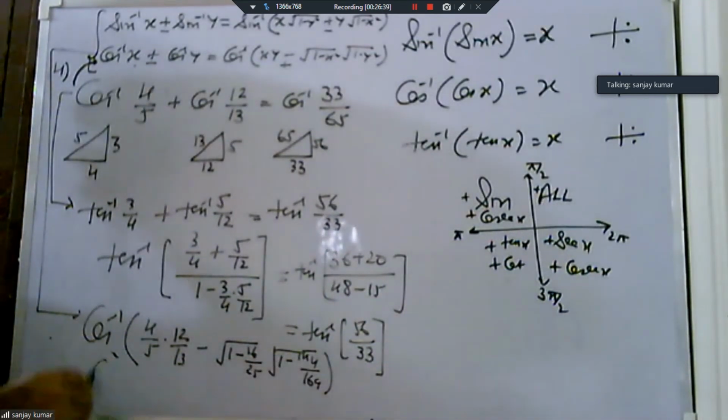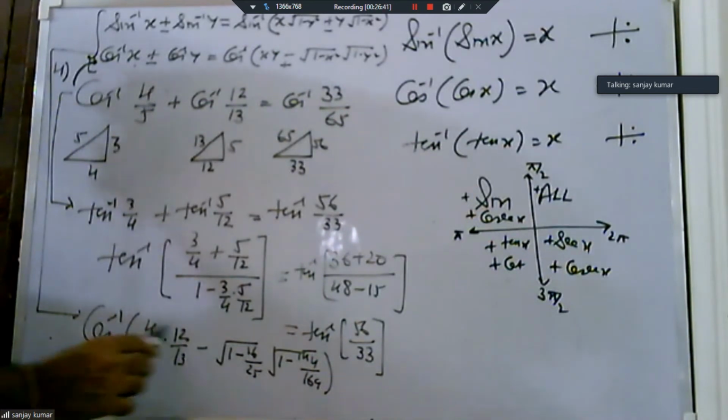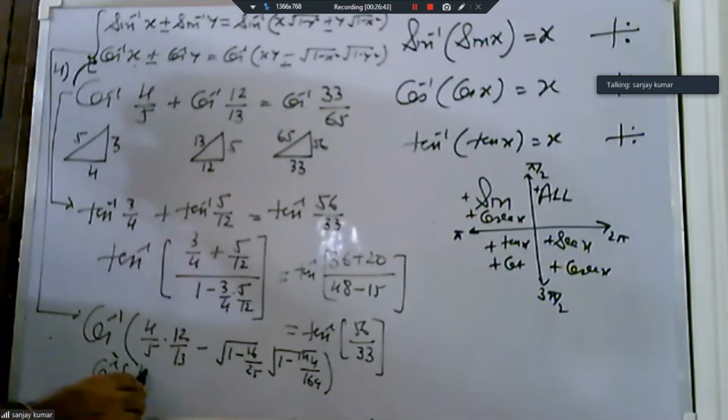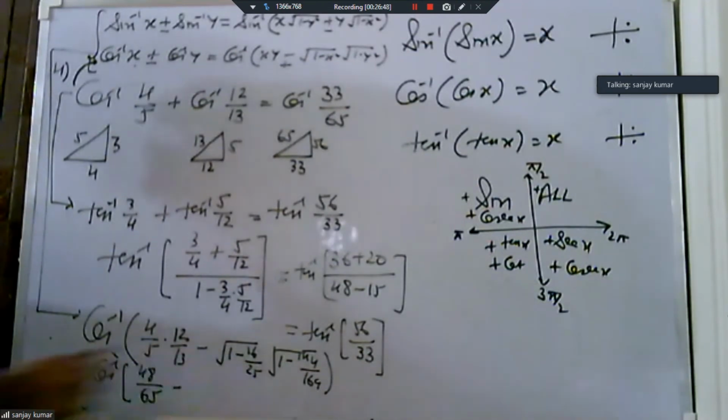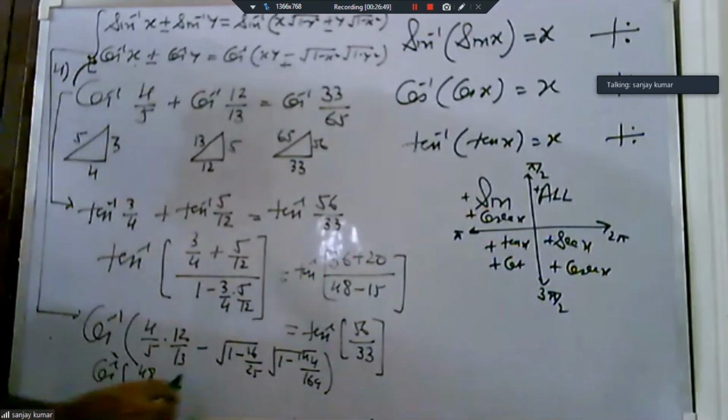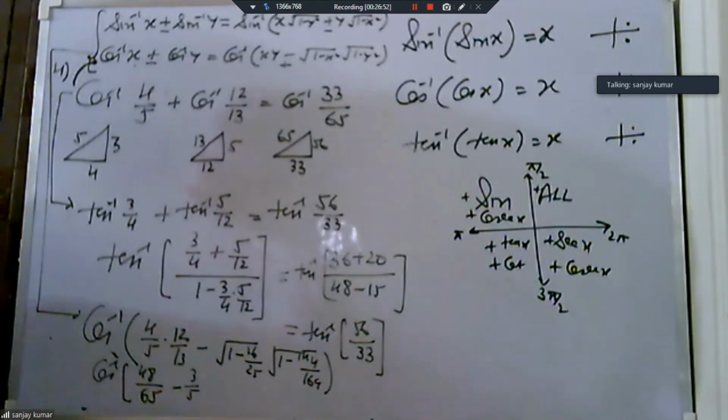So this is cos inverse of 48 upon 65 minus under root 25 minus 16, which is 9, that is 3 upon 5, into under root 169 minus 144, that is again 25.